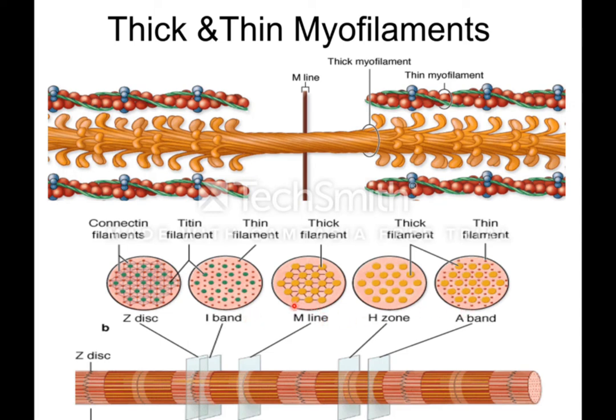As you see here, for example, the M line and the H zone include just thick filaments, but in the A band we can find both thin and thick filaments. The I band includes just the thin filaments, which attach to the Z disc.